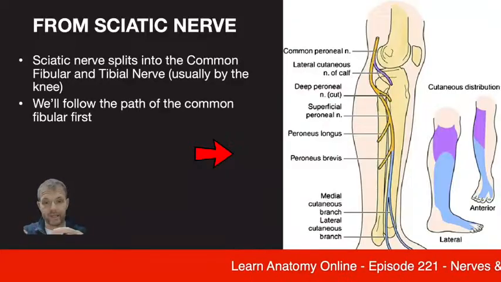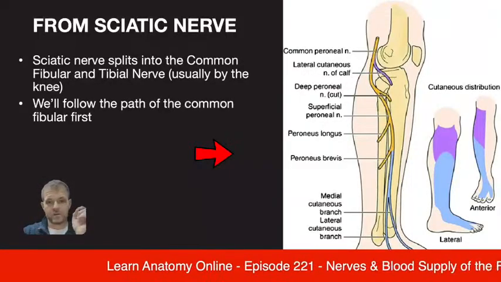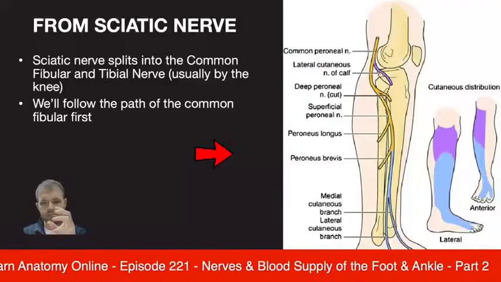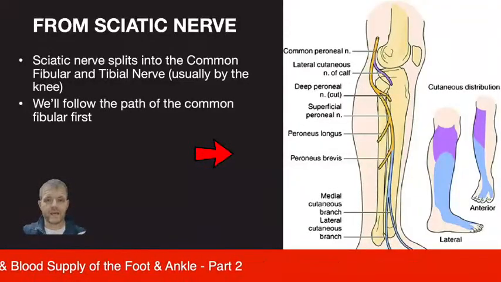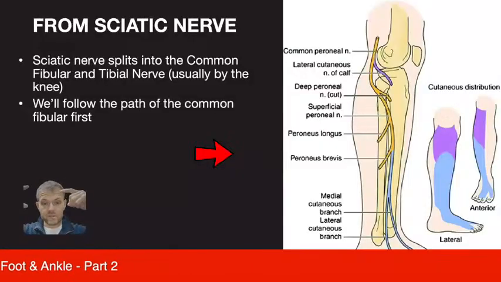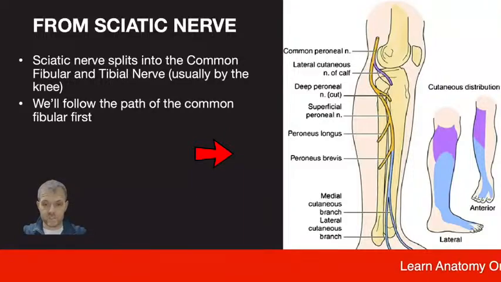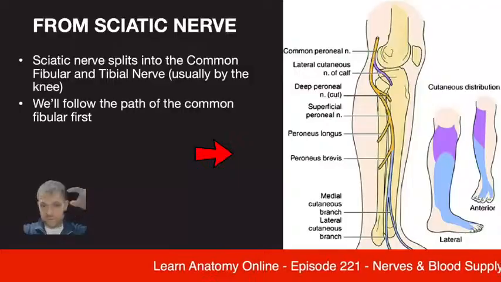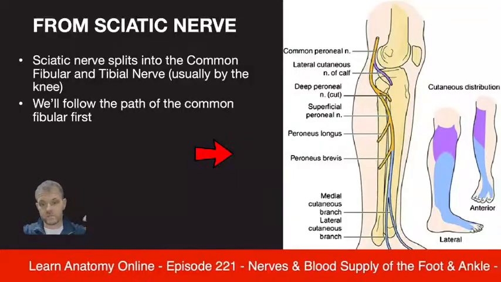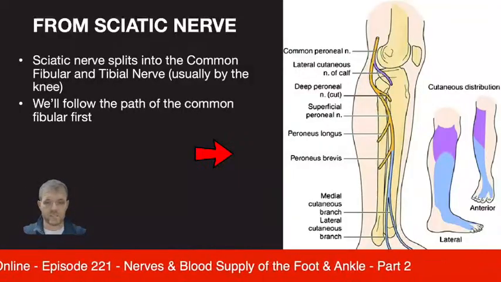But when you're developing, you have several nerves going along that same pathway, and then as you develop, the nerve impulses will choose their preferred route, and the other nerves that were there will die away because they're not being used.